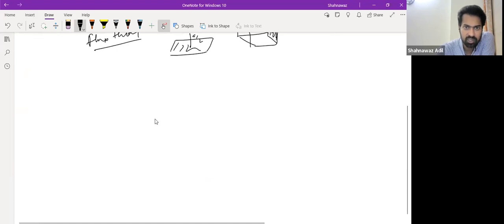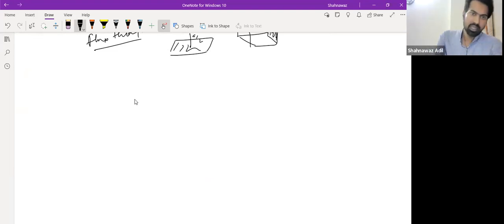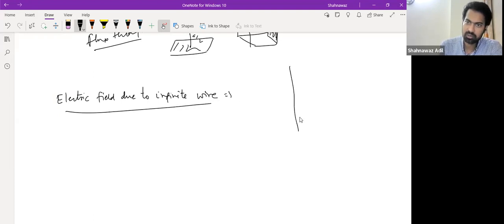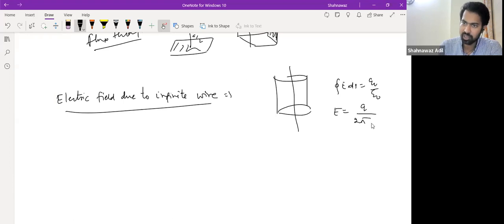So I will do it from the JEE point of view. In the JEE point of view, you guys have already calculated the electric field due to an infinite wire. This was the wire, you assume a Gaussian surface, and then you use Gauss law, and you found that E is Q by 2 pi epsilon naught r for this line wire.